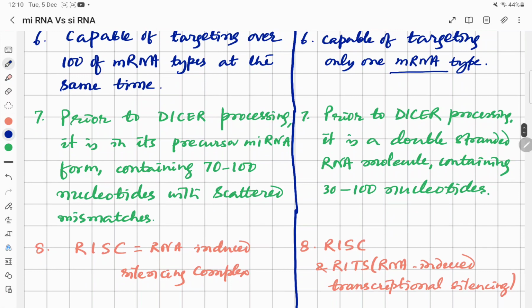Prior to dicer processing, microRNA in the cytoplasm, this dicer enzyme is there. So microRNA, prior to dicer processing, in its precursor microRNA form, is available containing 70 to 100 nucleotides with scattered mismatches. Whereas prior to dicer processing, siRNA is a double-stranded RNA molecule containing 30 to 100 nucleotides.